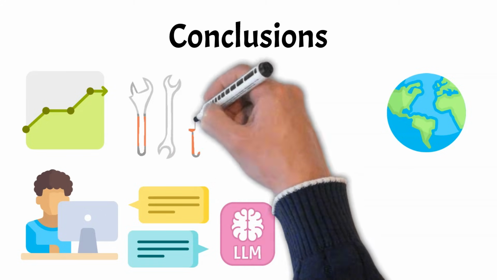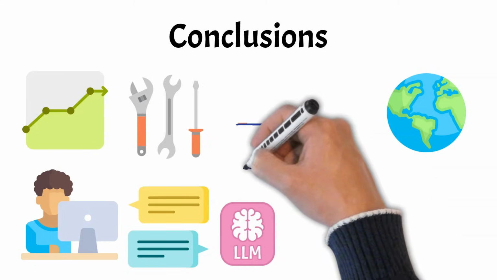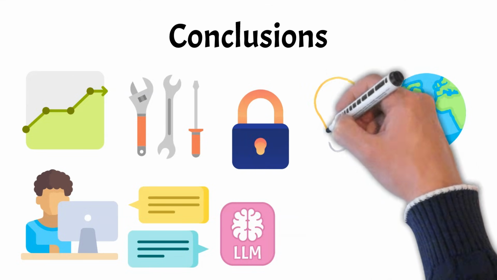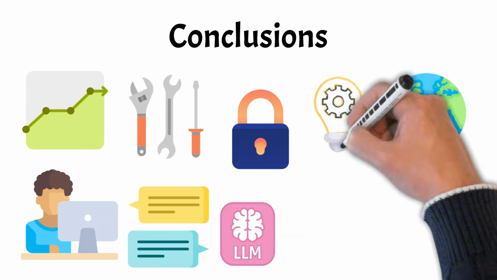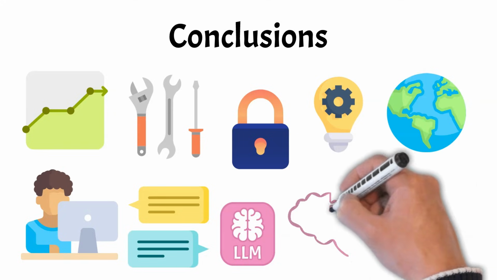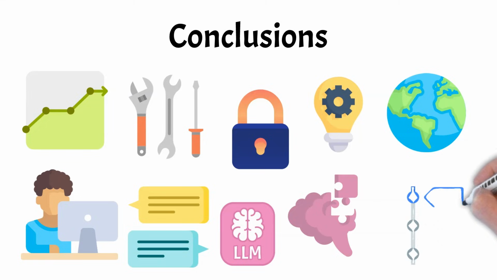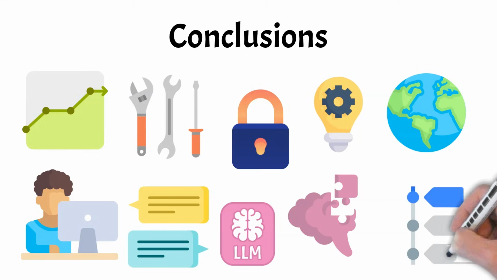And while LLMs are still evolving, becoming more capable, safer, and more efficient, understanding their foundations helps us use them wisely and creatively. Whether you're building tools, exploring new ideas, or simply curious about how this technology works, the future of LLMs is full of possibilities, and we're only at the beginning.